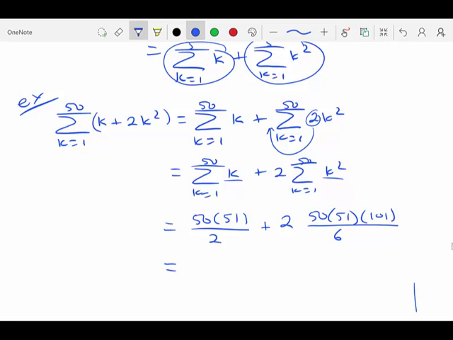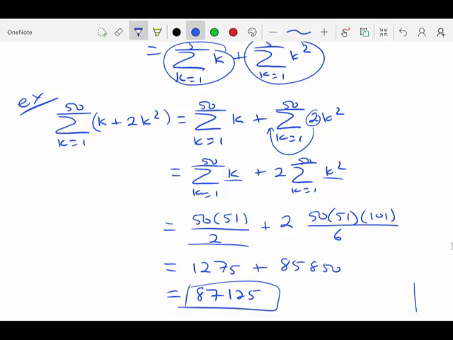When I did this first piece on my calculator, I got that it was 1,275. And when I did the second piece, I got 85,850, which you should check and make sure that that's right. And when I put the two of them together, I got 87,125 as a sum.